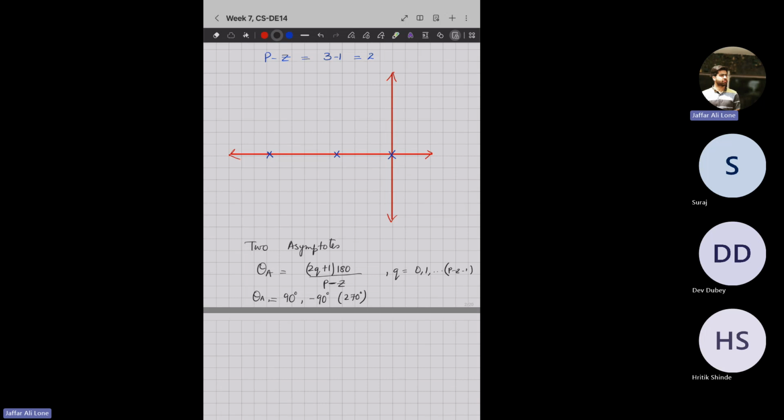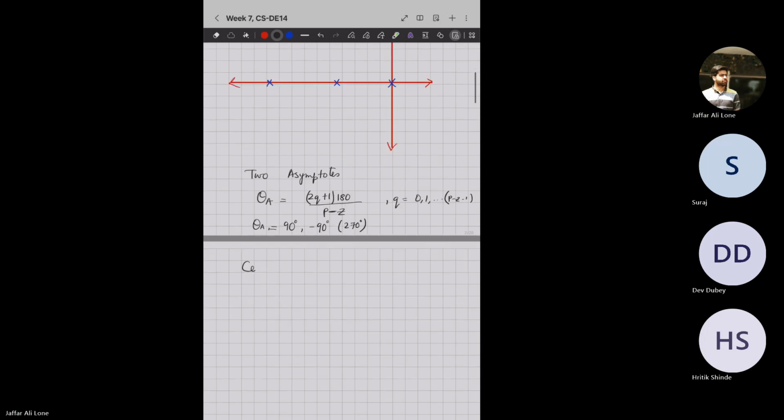Now we have to find the intersection of these asymptotes on the real axis, and that's given by the centroid. You have to follow the steps. What is the formula for the centroid?